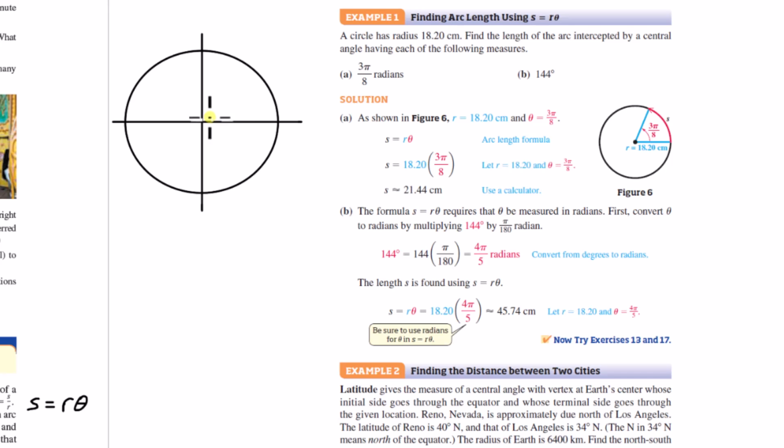Like, 3 pi over 8 would be less than 1/2, so it'd be in the first quadrant. It doesn't have to be this. 3 pi over 8, what's this arc length? It could be anywhere.